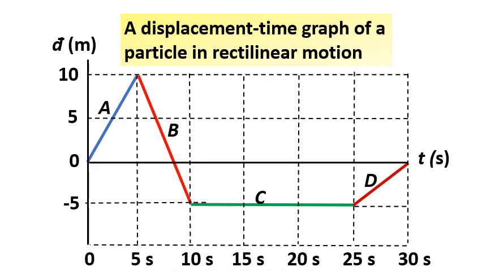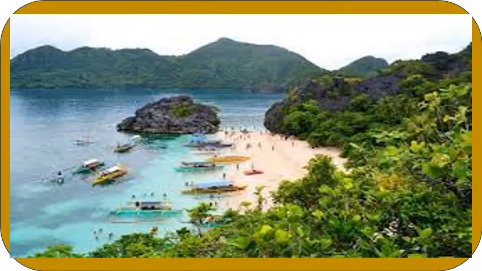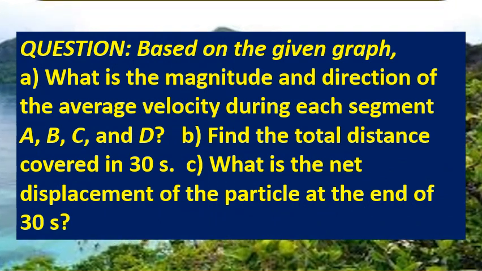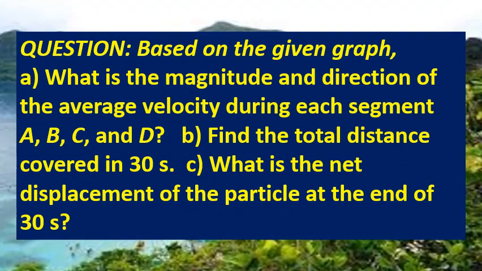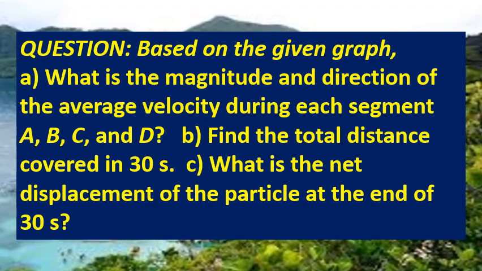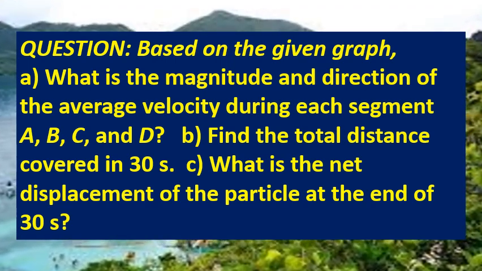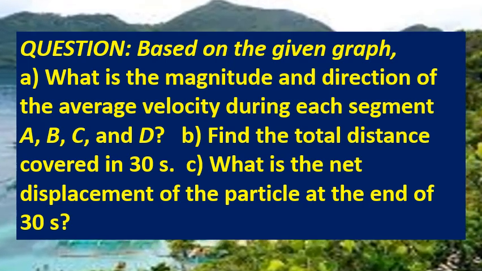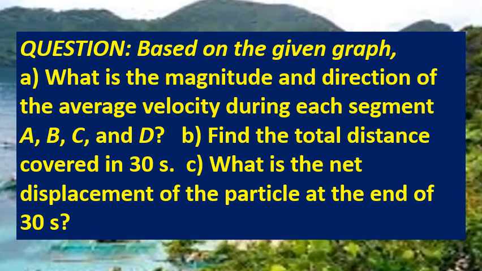Consider a particle in a straight line motion. Refer to the following displacement time graph. The question is, based on the given graph, what is the magnitude and direction of the average velocity during each segment A, B, C, and D?